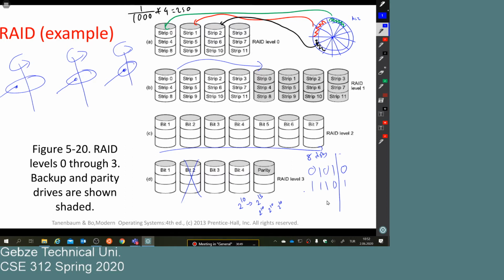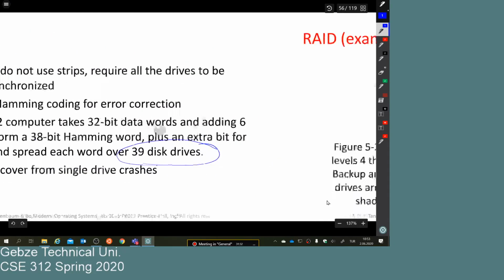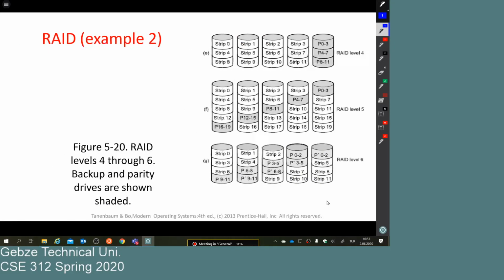There is something else. Any ideas? What is the advantage of RAID level 0 and 1 instead of, I mean, I could have C and D. I have other RAID levels like, oh, sorry, I don't have it.